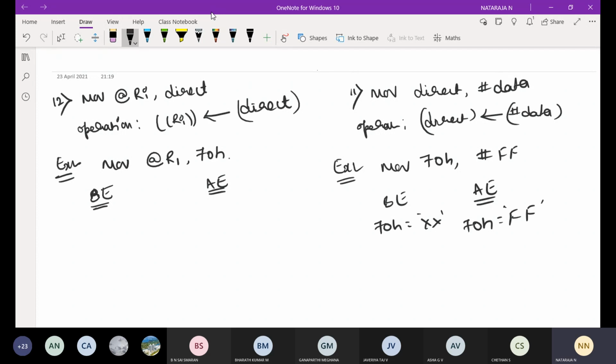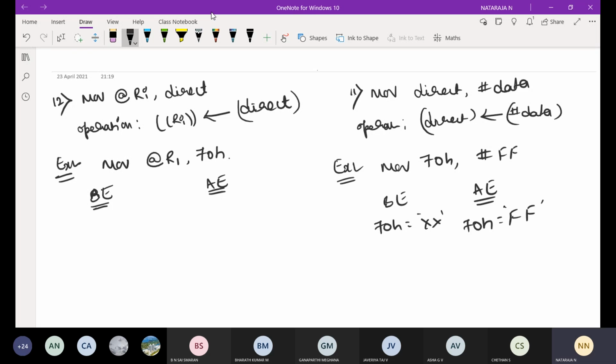Take one address for the given register R1 and in the 70h load some data. Then in the after execution, whichever location we are going to consider, in that location whatever data is in the 70h will be copied.